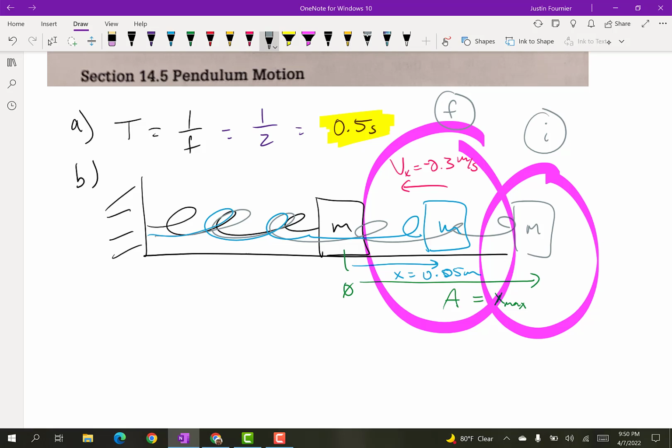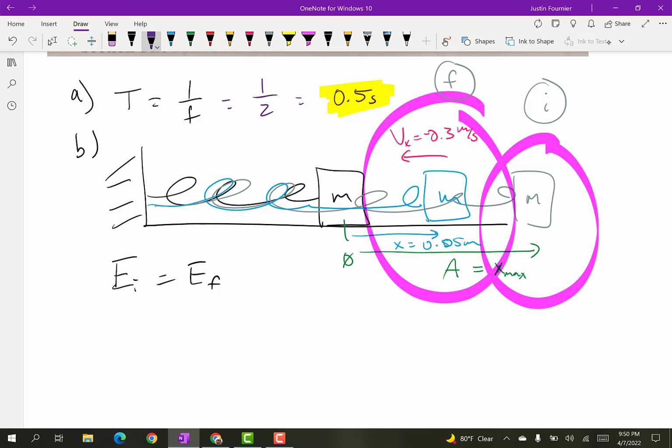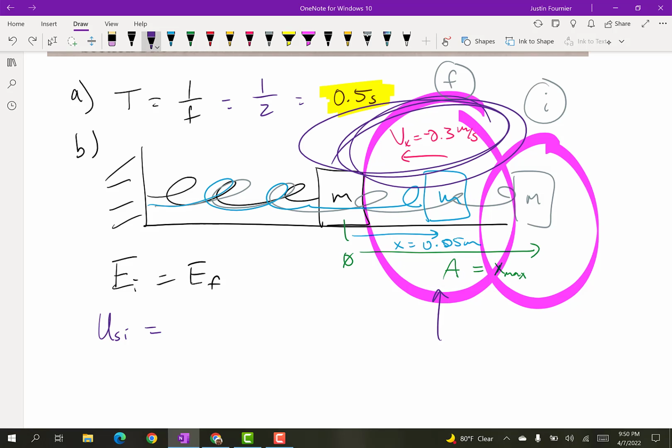So if I do that, I'm going to use the conservation of energy. So my initial energy is equal to my final energy. My initial energy here is at its maximum displacement, so it's going to be spring potential energy. And then here I have both spring potential energy because it's displaced from the equilibrium position, but I am also going to have kinetic energy because it's moving.